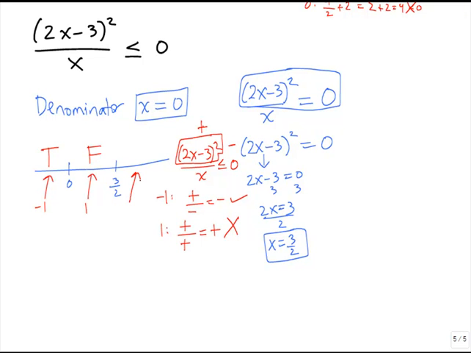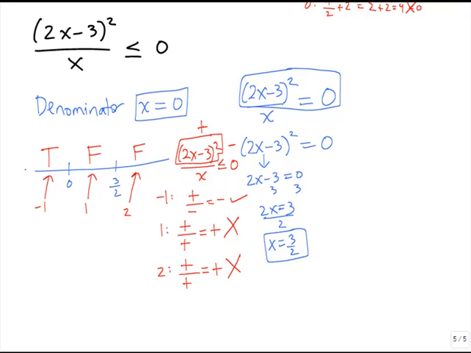Finally, we want to test something bigger than 3/2, so maybe something like 2. Again, the numerator of this fraction is always positive because of the square, and if I plug positive 2 into the denominator, then that's going to stay positive. Positive over positive stays positive, which is not negative, and that's not what we want. So this is also going to be false.